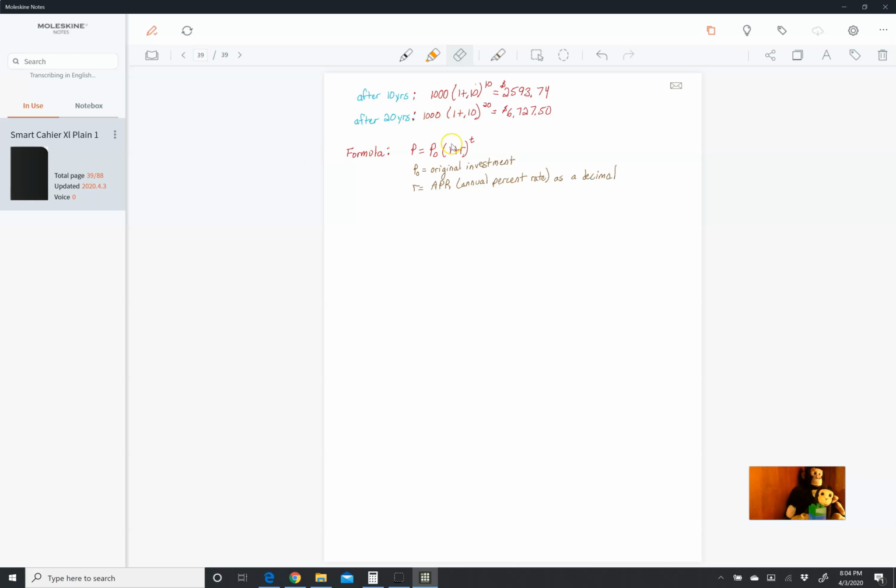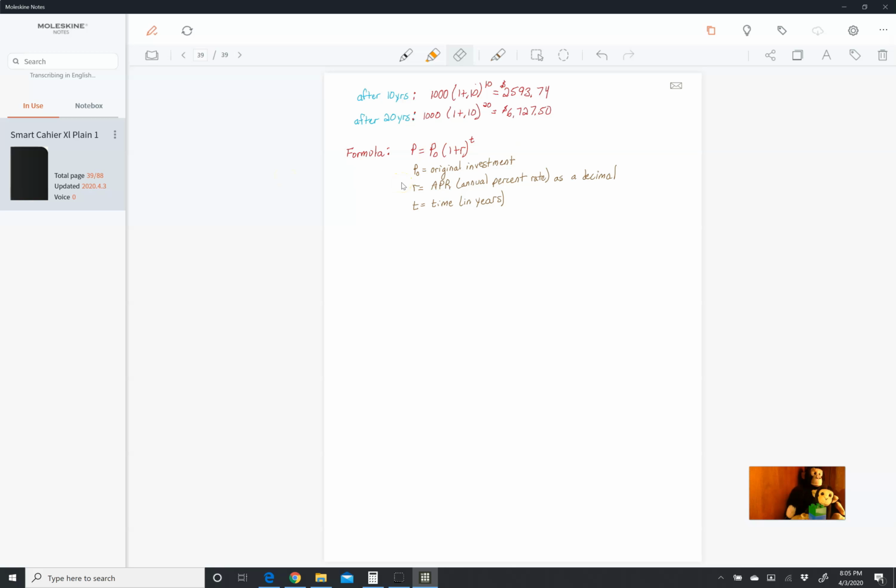When we plug in, we're plugging in 0.10. And then our T is time. This is almost always in years. And our P is what we have after T amount of time. So this is our first formula.